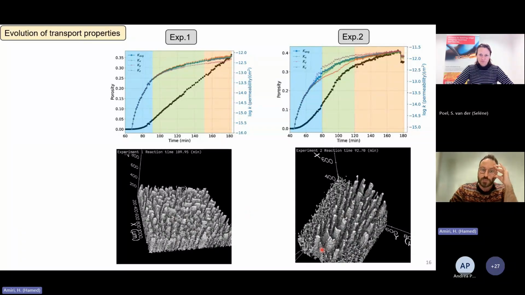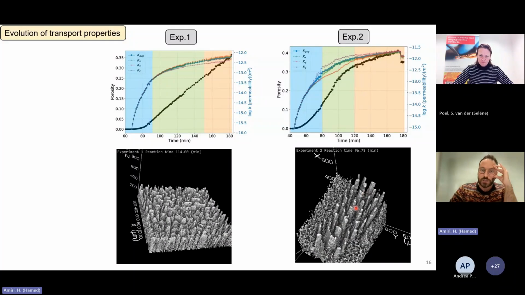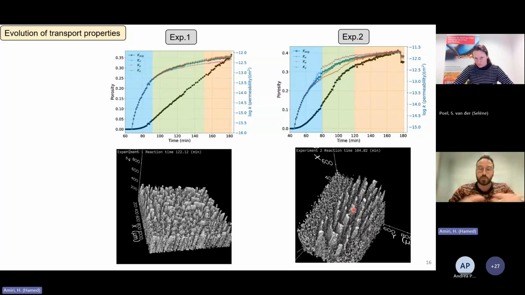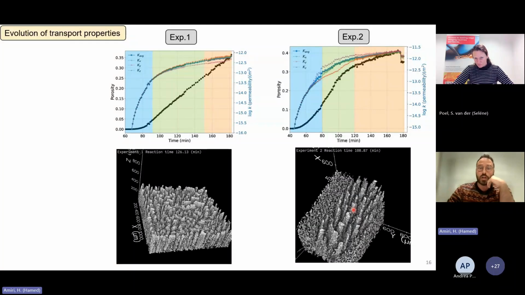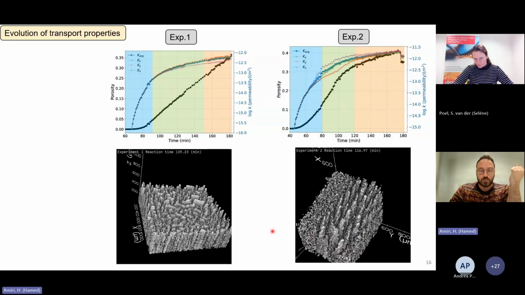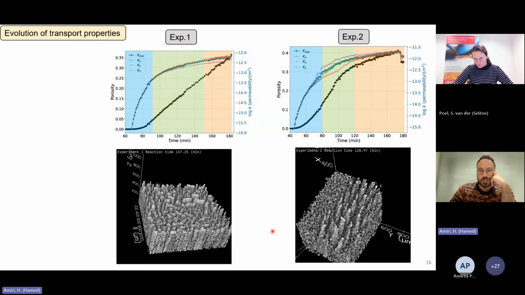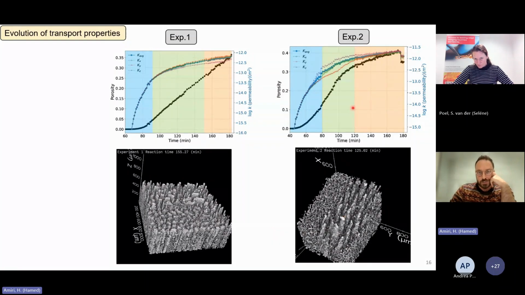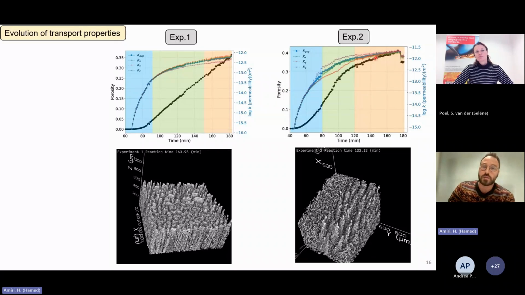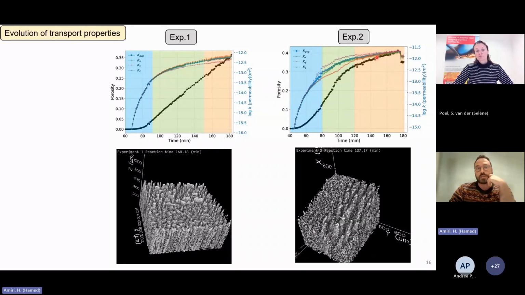You see these channels, but as you will see in a second, the connectivity becomes much higher, so the fluid flow becomes more isotropic at the end of this experiment because the pores are highly connected. And that's why you can see this more isotropic behavior at the end of the experiment too.